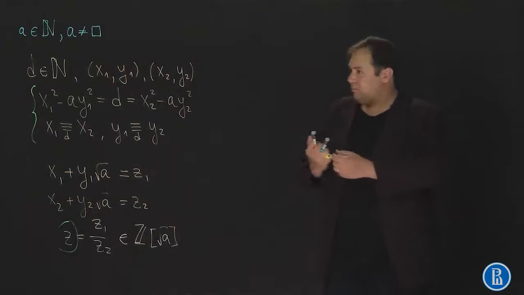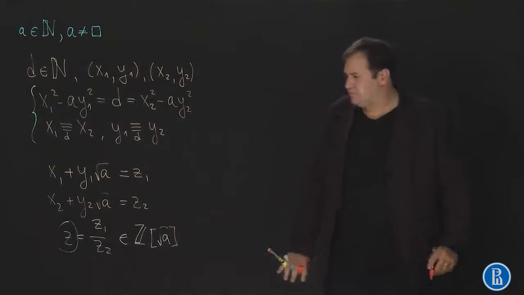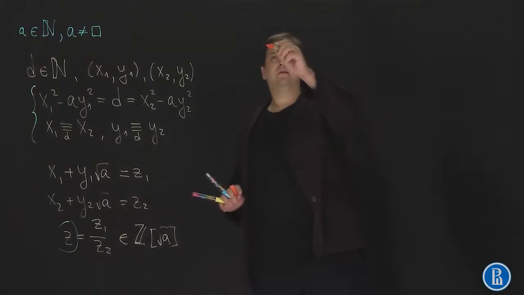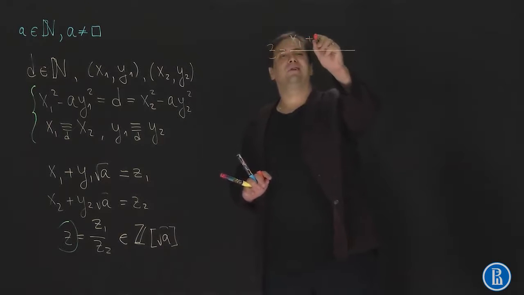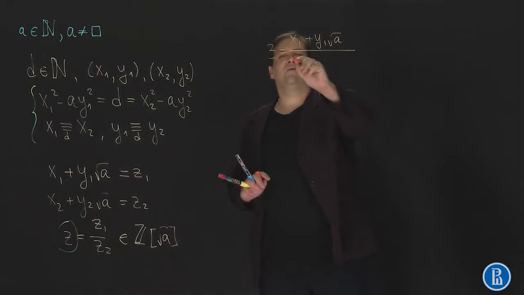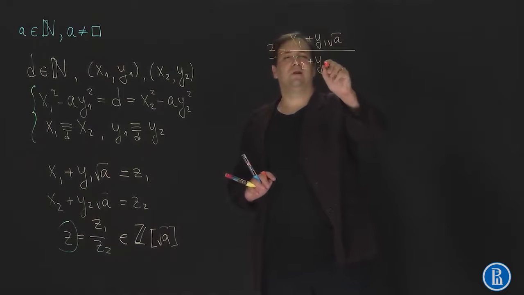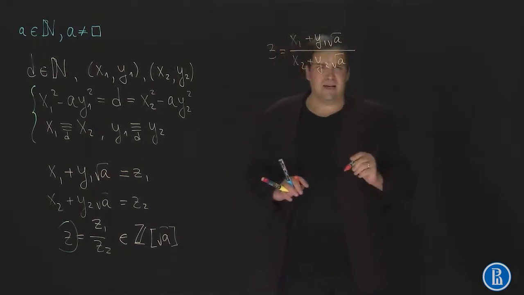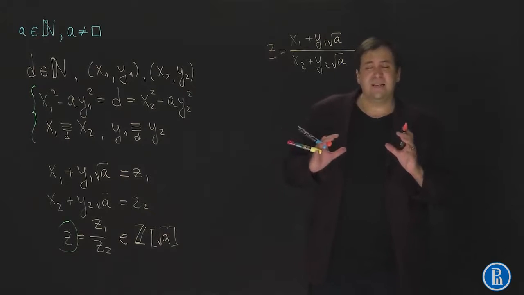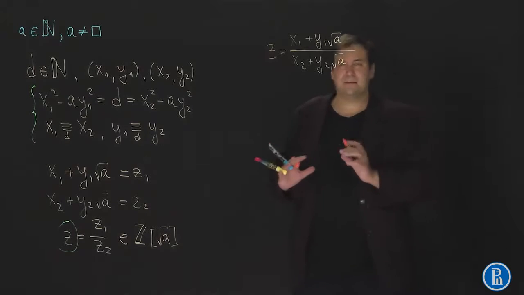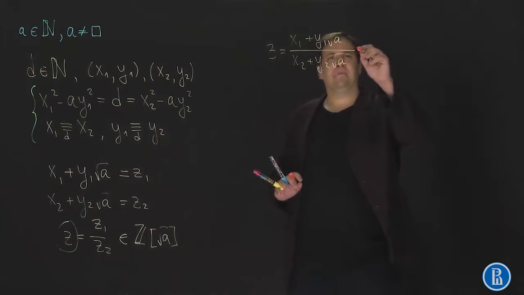Well, just write the fraction. Z is equal to x1 plus y1 square root of a over x2 plus y2 square root of a. Actually, to be frank, we already did this proof, but I will repeat.